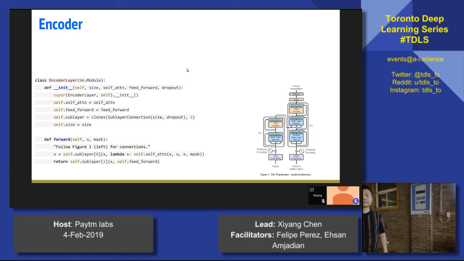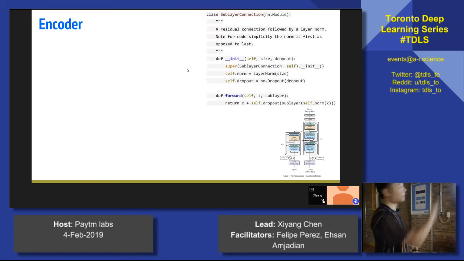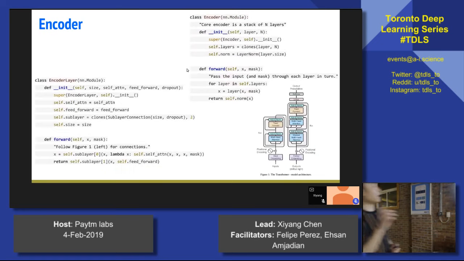What is the sublayer here? I think we'll be seeing that in the next slide. Let me see. Yep, here. This is the sublayer. Before I answer the question, this is a single layer, and the way you construct n layers is in a for loop.